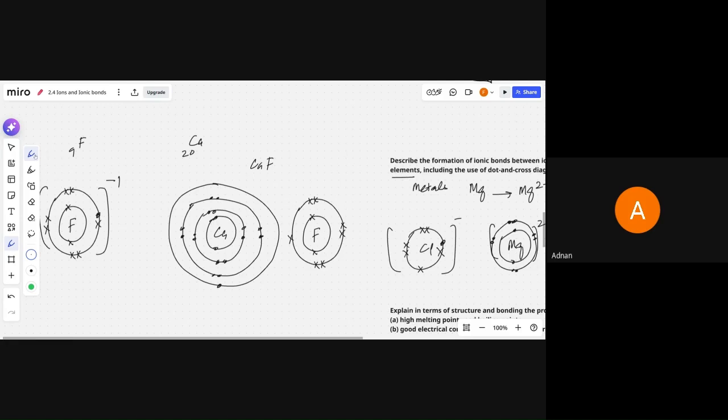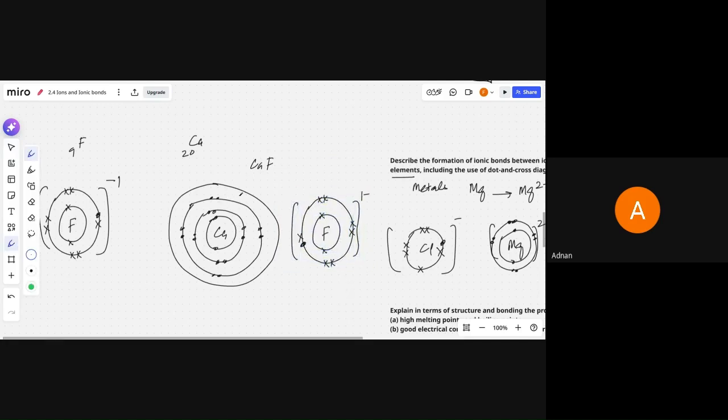And this other one will go to the other fluorine atom, like this. And this fluorine will also have a one negative charge because it gained one electron from this calcium.